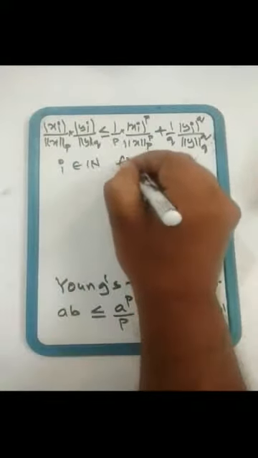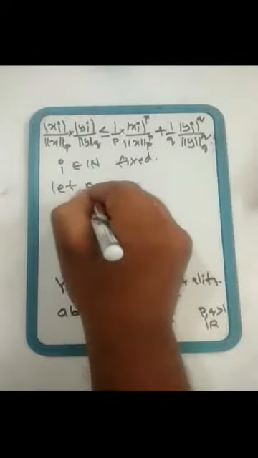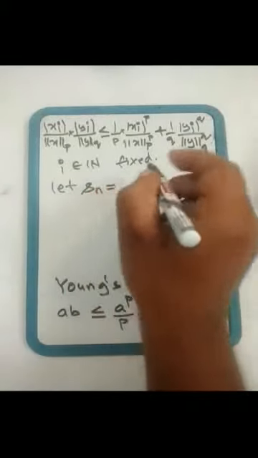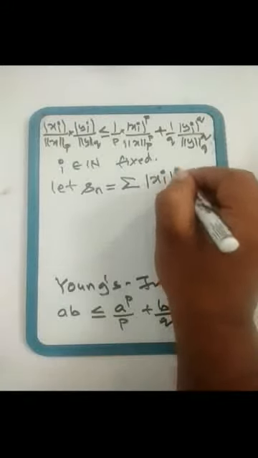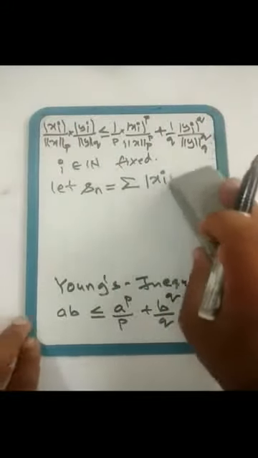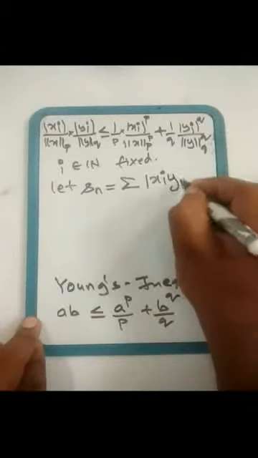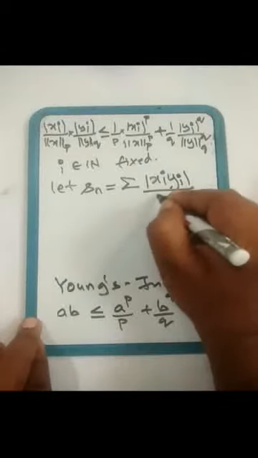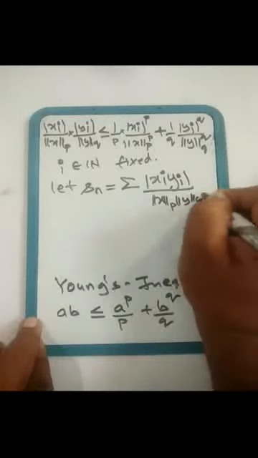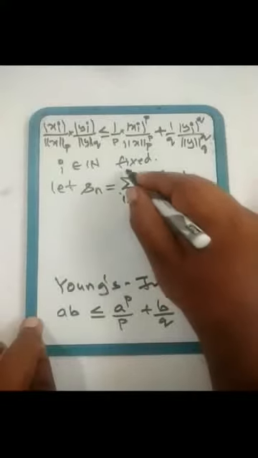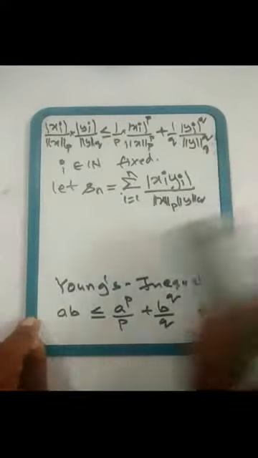It is fixed. So let Sn be equal to, rather we just multiply here itself, divide by, i from 1 to n.